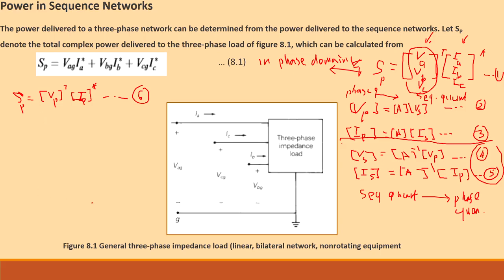Okay. Now, as we see from equation number 2, V phases is equal to A multiplied by Vs. And I phases is equal to A multiplied by Is. So, equation number 6 can be written as follows.